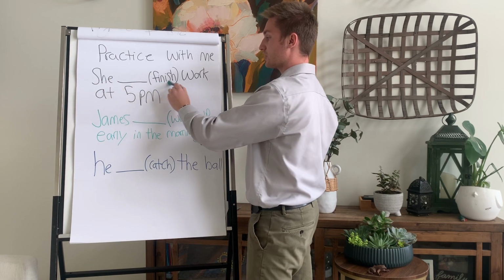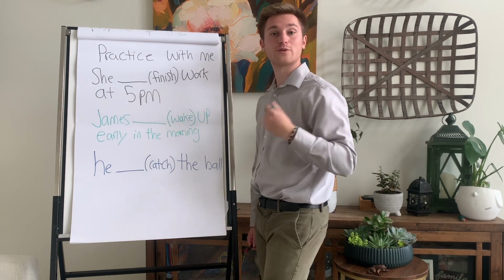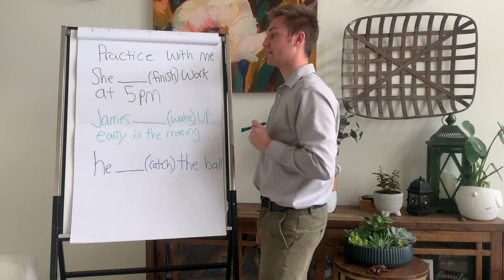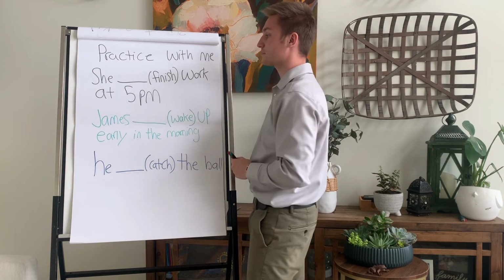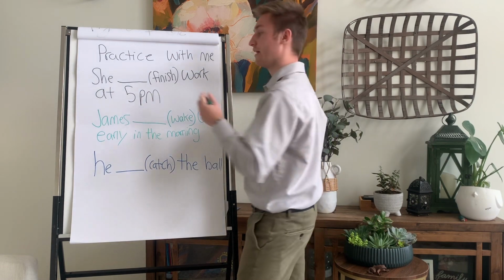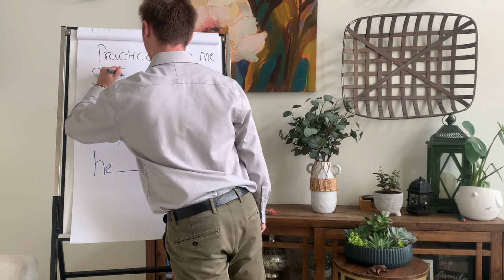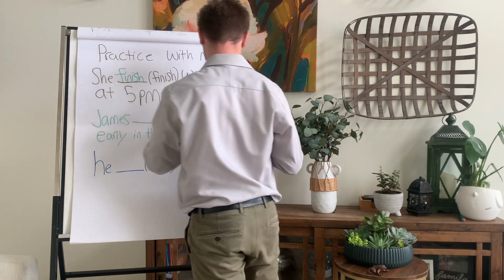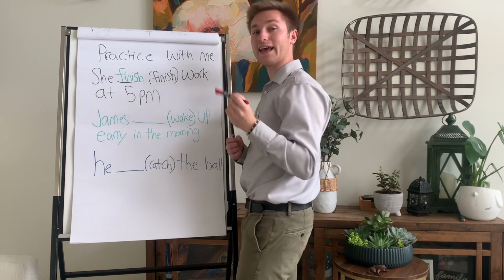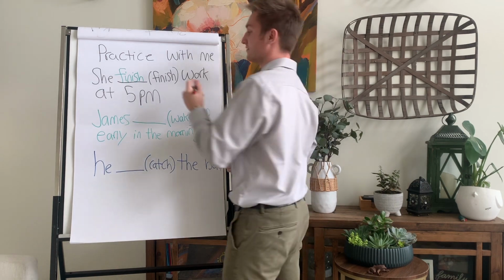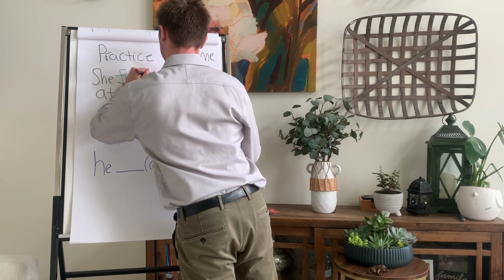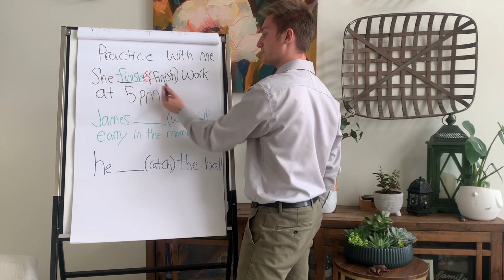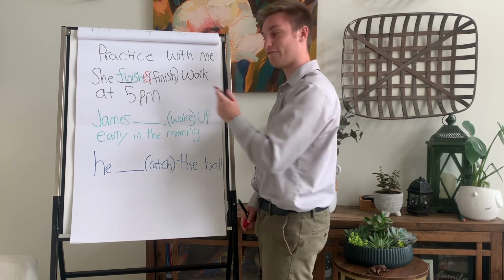She finish, we need to add es at the end. So the word becomes she finishes work. And I will write the es in red. She finishes work at 5 p.m.